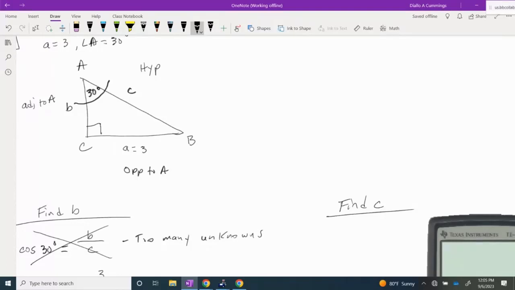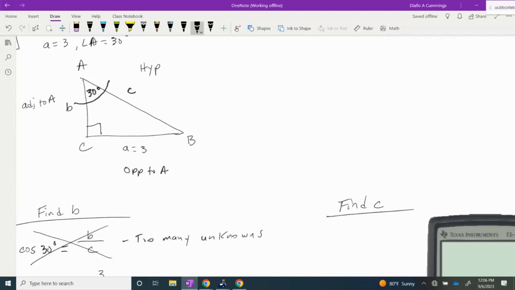Well, I've got to use the hypotenuse because that's what I'm trying to find. I know the opposite, and I know my angle measure. So an opposite and a hypotenuse would give us what type of function? From SOHCAHTOA, the sine is the opposite over the hypotenuse.